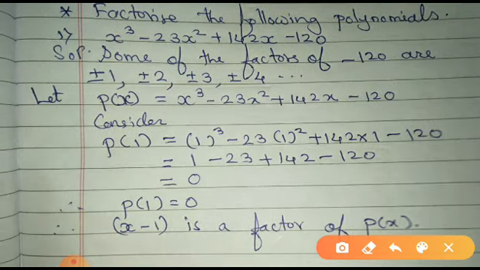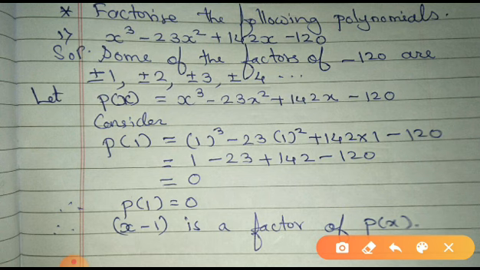Some of the factors of minus 120 I have written here with plus or minus. Is minus 120 divisible by 2? Yes. Is minus 120 also divisible by minus 2? Yes. If a number is divisible by a particular integer, that number will be divisible by plus or minus that integer.